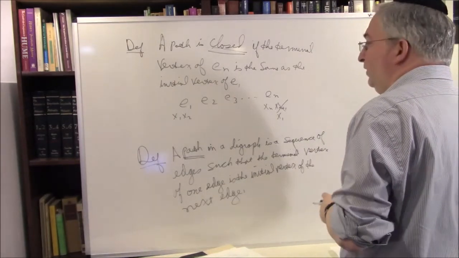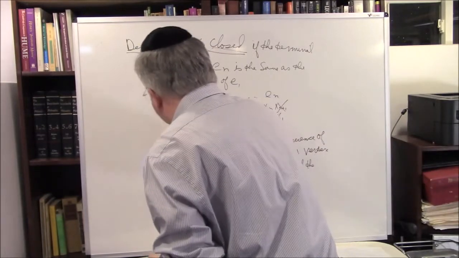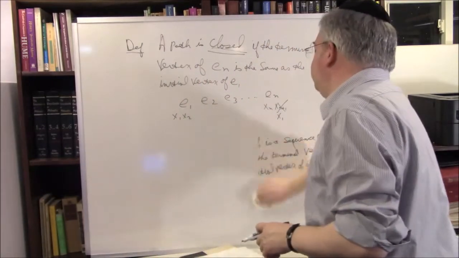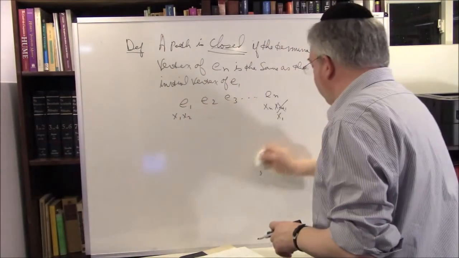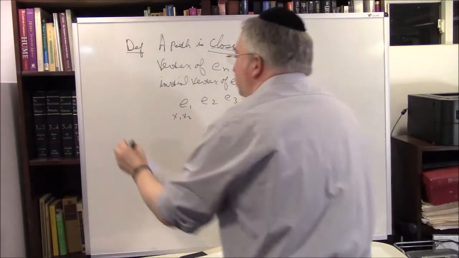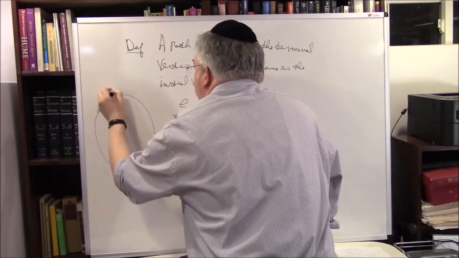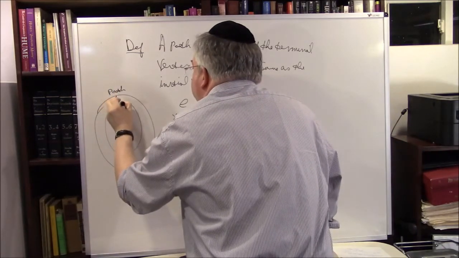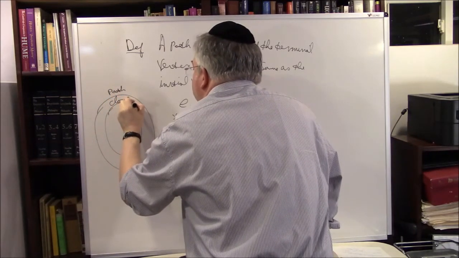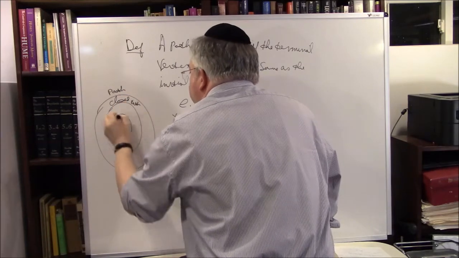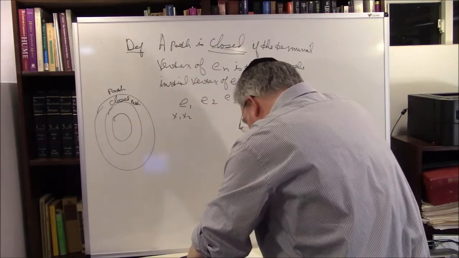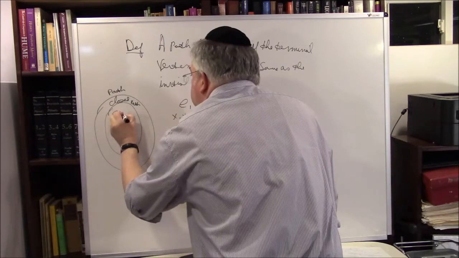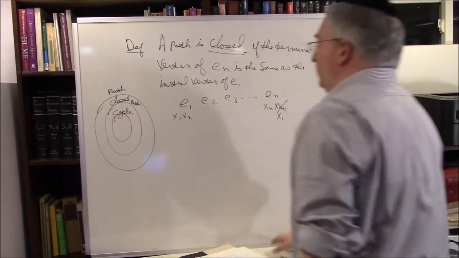Okay, great. Now we're going to talk about a special type of closed path. Let's review what we just had. We talked about paths, and then we had special types of paths called closed paths. And now we're going to talk about a special type of closed path called a cycle. Definition.